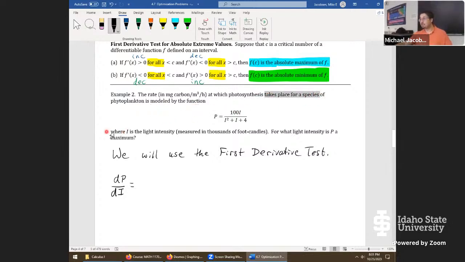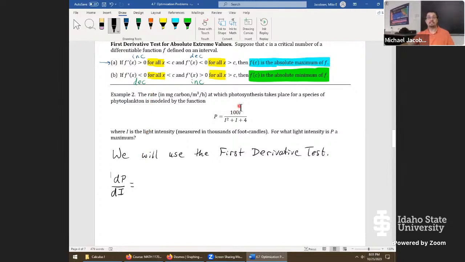We still don't know what I is, but it says I is the light intensity measured in thousands of foot candles. That's a real unit, by the way. I never knew that until I solved this problem. For what light intensity I is P a maximum. So we're trying to maximize, which means the hope is we can do that kind of estimation on the first derivative. But also reading through the context is also saving the problem in a certain sense.